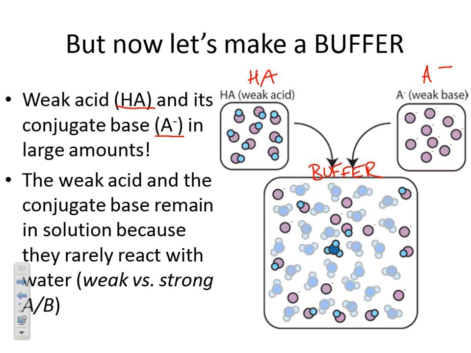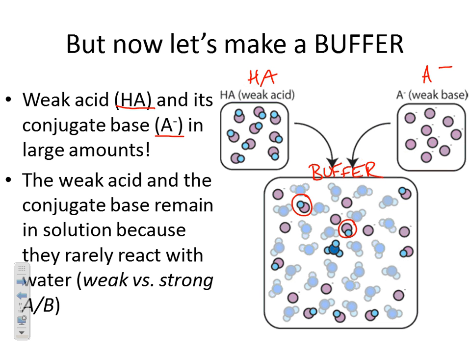The weak acid and conjugate base, they remain in solution, right? HA is still going to be mostly HA, right? You look here, this is HA, and we only get a tiny amount of dissociation off of the HA because it's a weak acid. So it's mostly HA. They stay in solution. Likewise, the A minus, it's not really going to react with water all that much because it's a weak base.